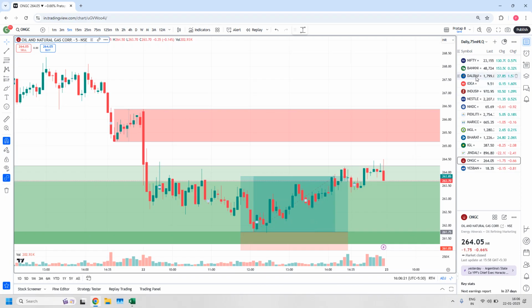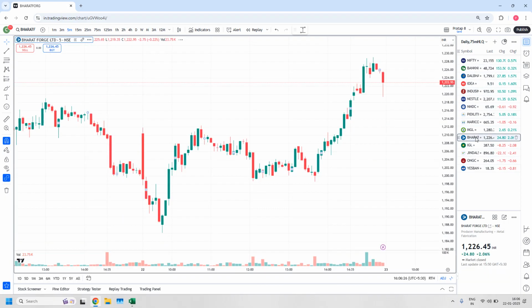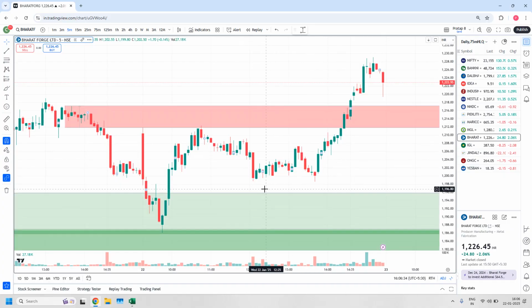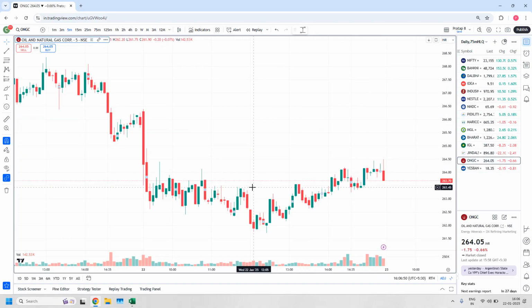When the Bharat Forge trade was completed at 10:45, that means at 10:45 you exited the trade and your money was released into your account. Now the same money you can invest in ONGC. At what time?